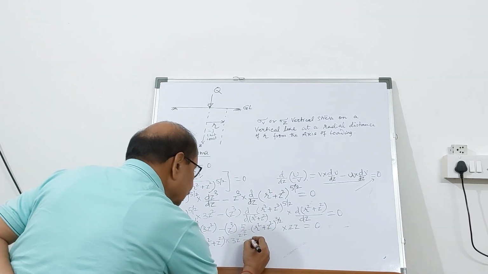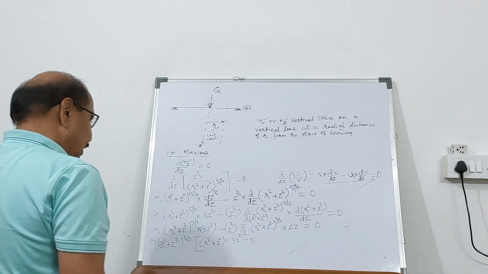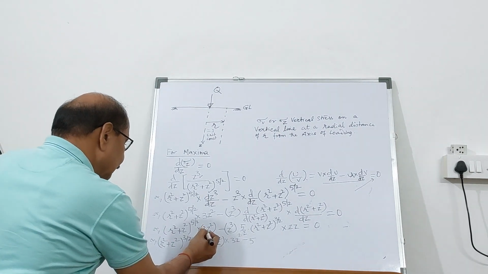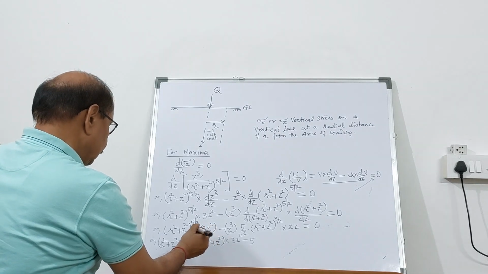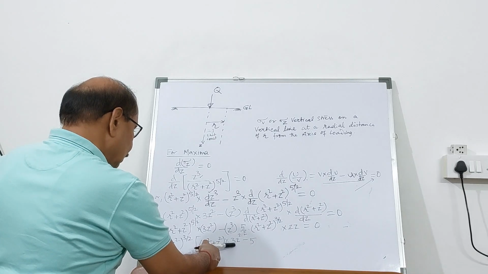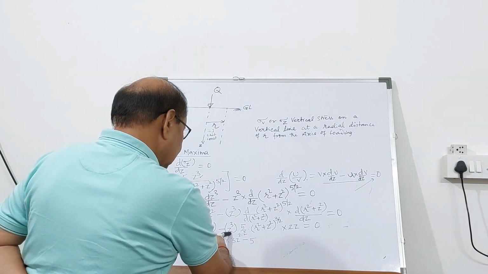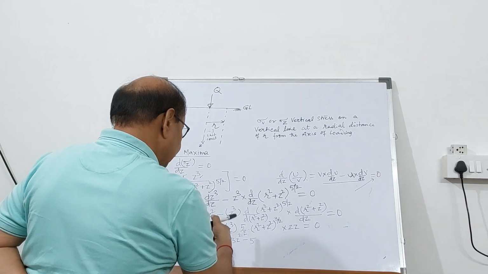So this becomes 5 times r square plus z square into 3z square minus z cube.